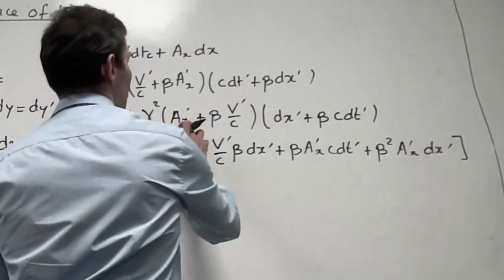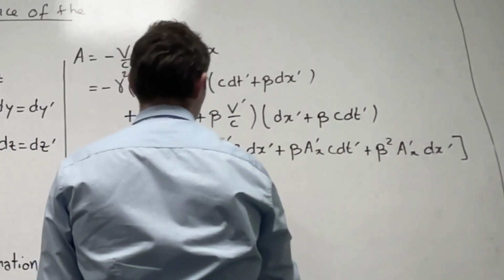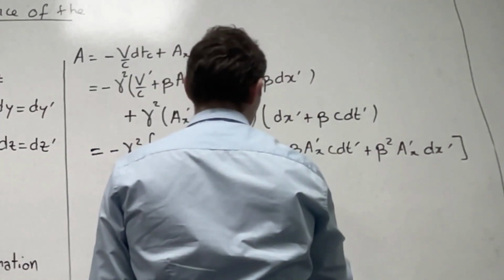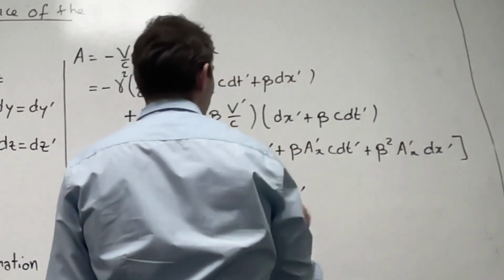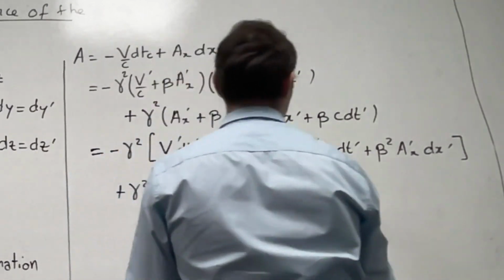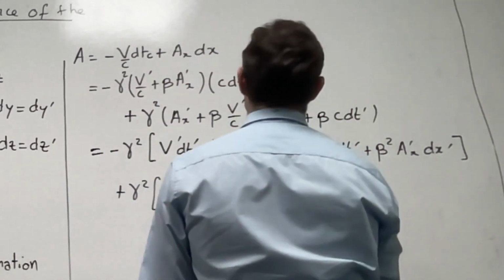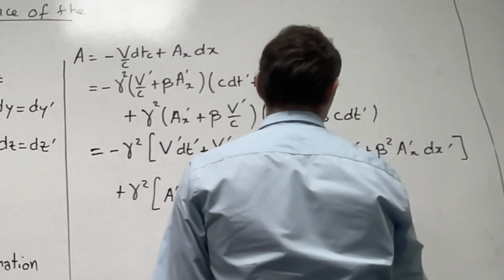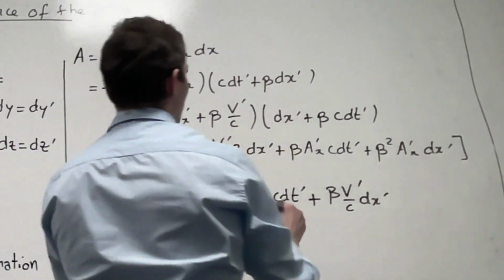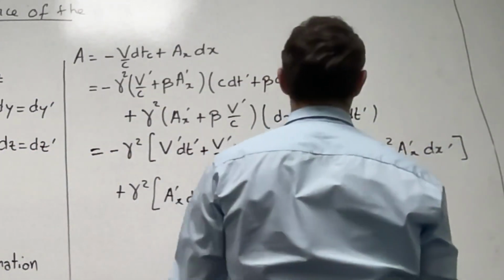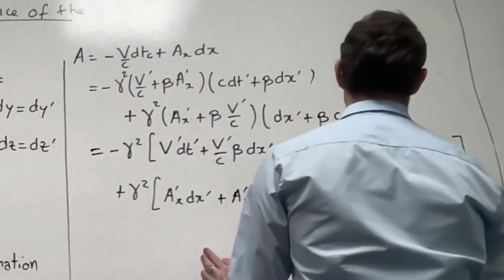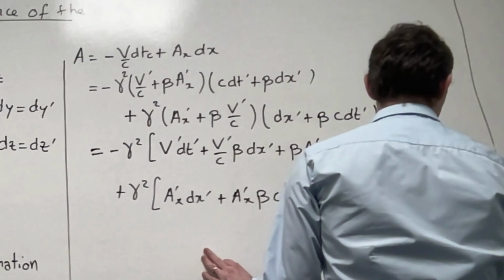Okay, then we are going to have plus a prime x beta c dt prime, and then plus beta, beta v prime over c dx prime, and finally plus beta squared v prime dt prime.